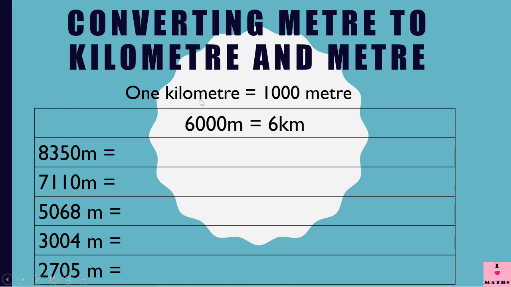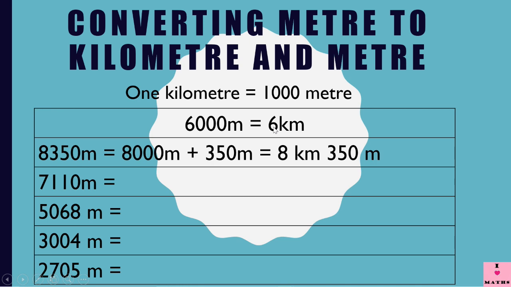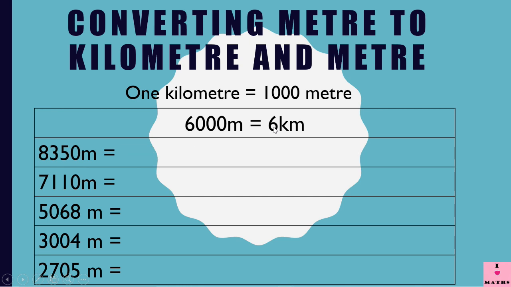So 2 kilometer is 2000 meters, 3 kilometer is 3000 meters, 4 kilometer is 4000 meters, and so on. 6 kilometer is 6000 meter. Why? Because we are multiplying 6 with 1000. 6 into 1000 is 6000 meters.